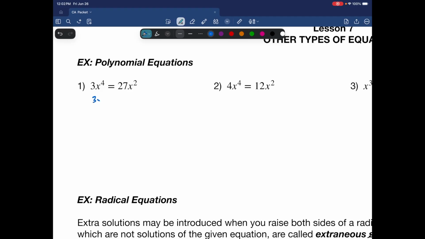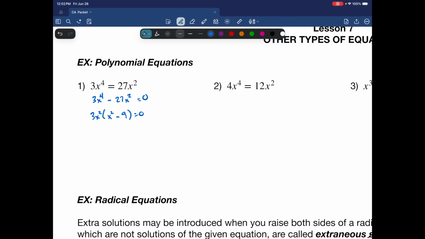So we got 3x to the fourth minus 27x squared equals 0. Take out a GCF. Both terms have a 3 in common and an x squared in common, so I can take out 3x squared, and that's going to leave me with x squared minus 9 equals 0. Then you can set each one equal to 0.